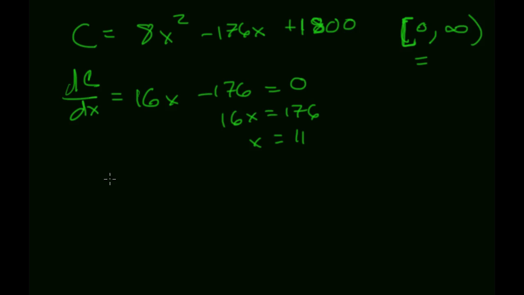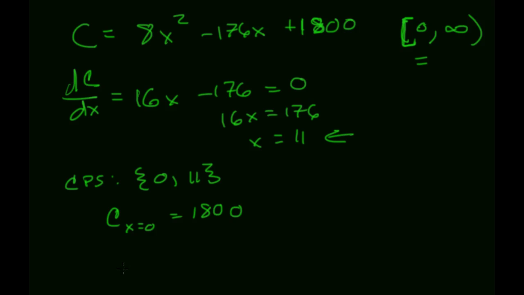At this point, I have two critical points. I have 0, the end of the domain, and 11, the only place where the derivative is equal to 0. So one of these has to be the location of the absolute minimum. So what do I do? I just plug them in. C when x is 0 is going to be 1800, because that's clear from this.